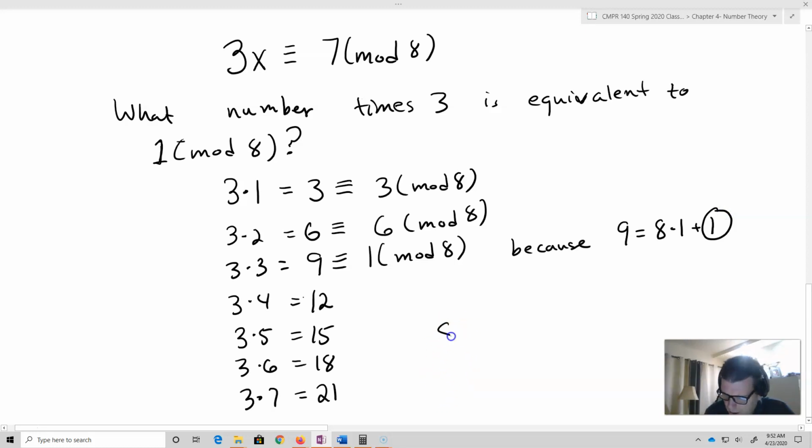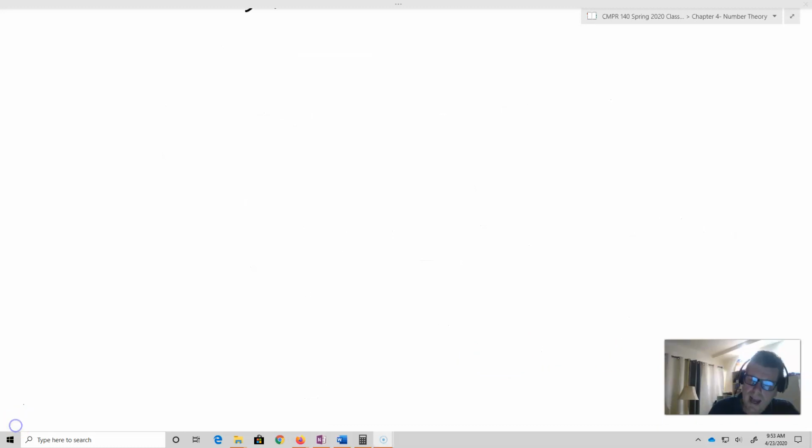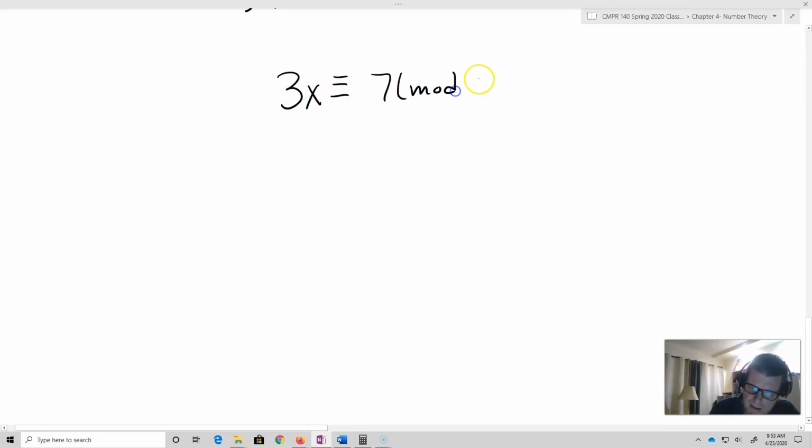So the inverse of 3 is 3 in modulo 8. Now I can solve my problem. I had 3x is equivalent to 7 mod 8. I know that if I multiply both sides by 3, on the left-hand side I'm going to get 1.